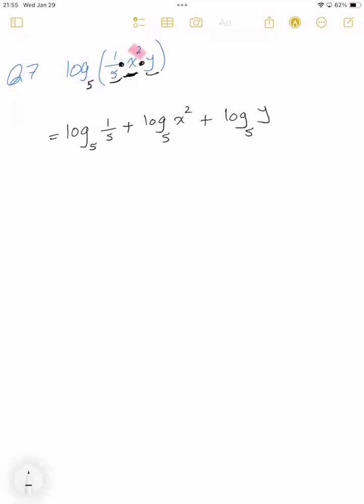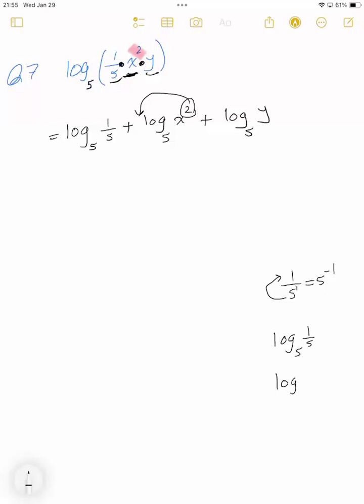of y. We need to get rid of this 2. We make it a coefficient. And here you can write 1/5. Remember, we can write 1/5 as 5 to the power -1, because 5 has a 1 exponent, move it to the top, becomes 5 to the -1. So we have a log base 5 of 1/5.